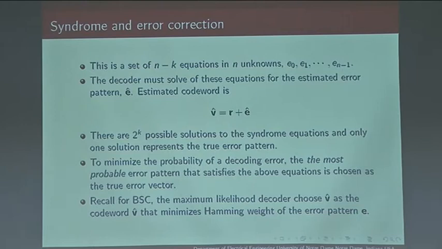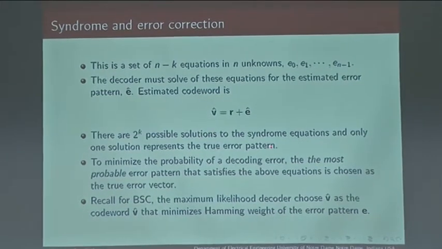I guess we didn't write out this definition of E, of the error vector. So of all the possible solutions, we want to pick the one which has the lowest weight, the lowest number of ones. I mean, the Hamming weight of a binary vector is just the number of ones.